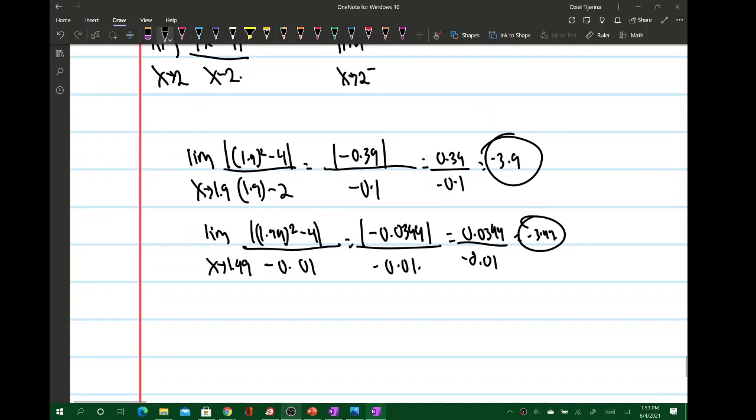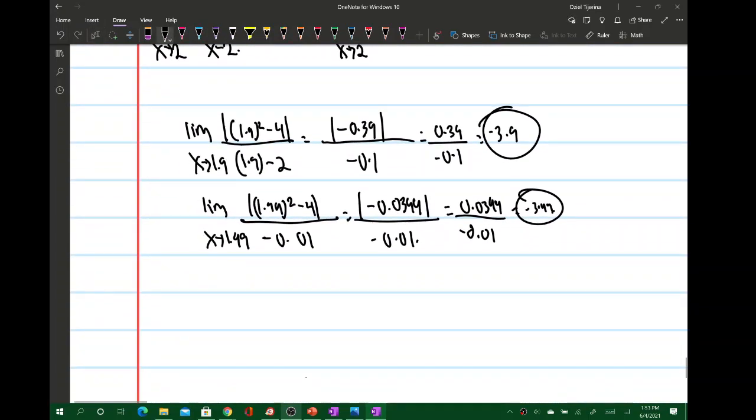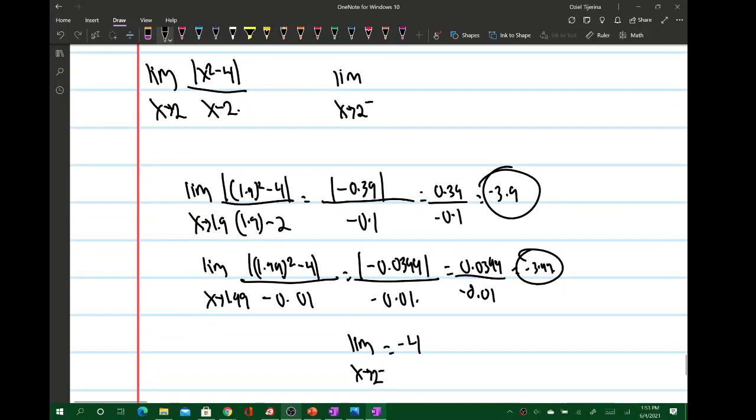So what does that mean? That means that the limit as x approaches 2 from the left is going to be negative 4 eventually.